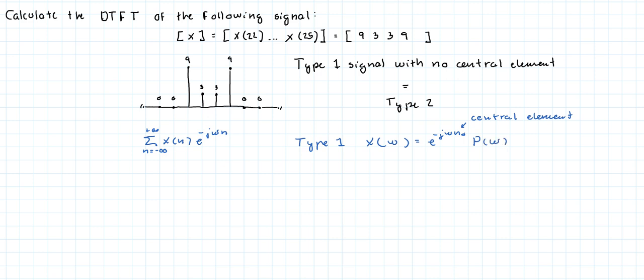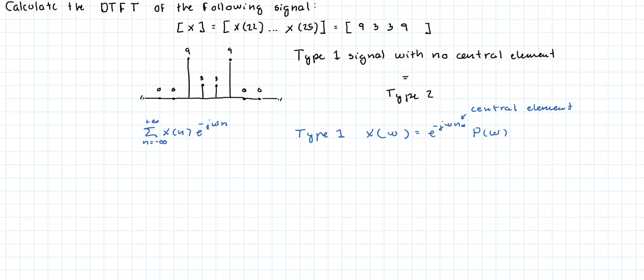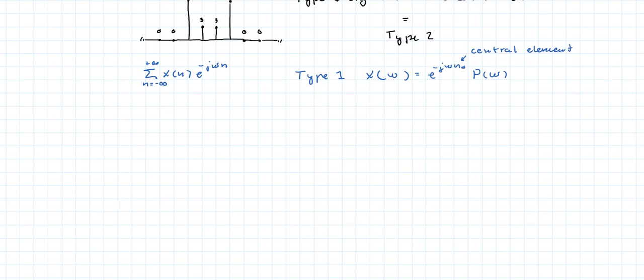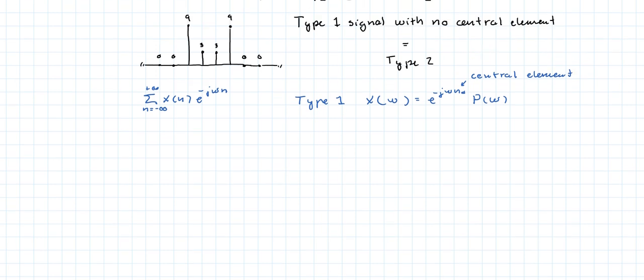We're basically going to do the same thing, but we have a different way of getting some central element, or rather to compensate for the fact that there's no central element. So let's start by writing the Fourier transform.